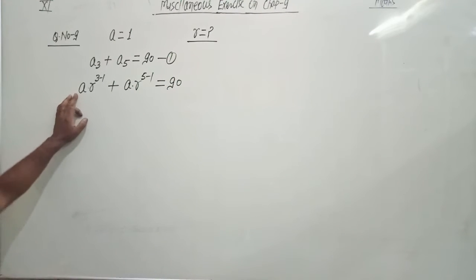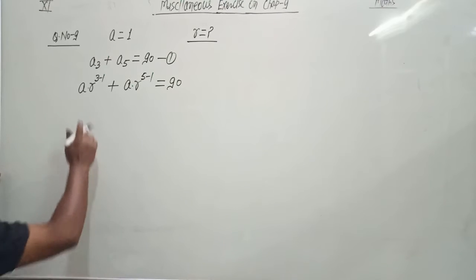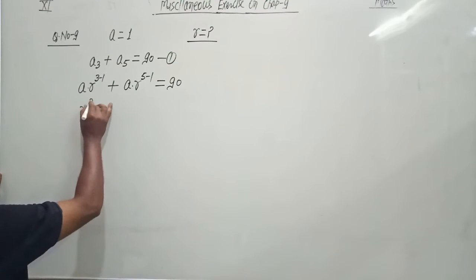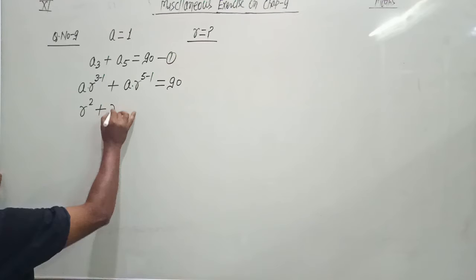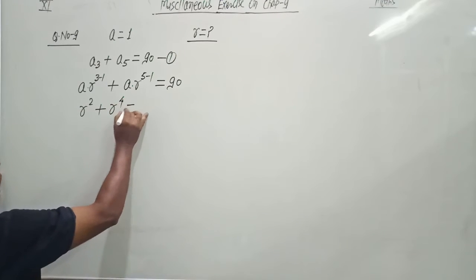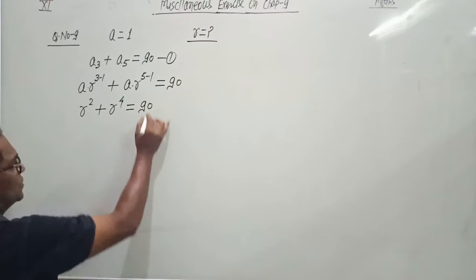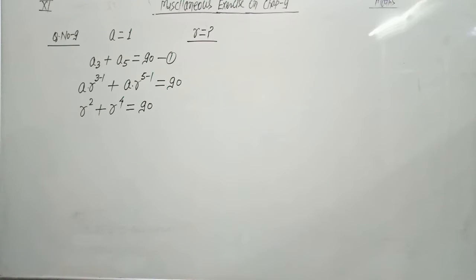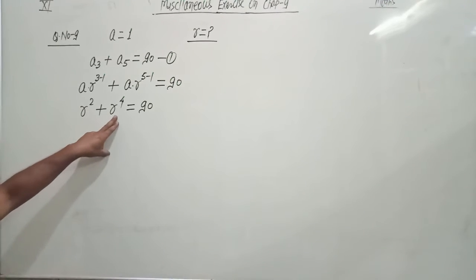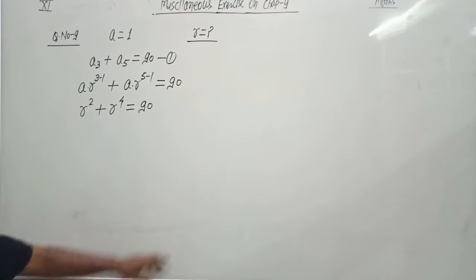The value of a, the first term, is 1. So we get r raised to the power 2 plus r raised to the power 4 equals 90. r square plus r raised to the power 4 equals 90.